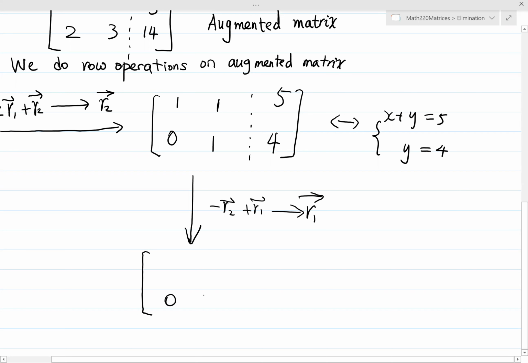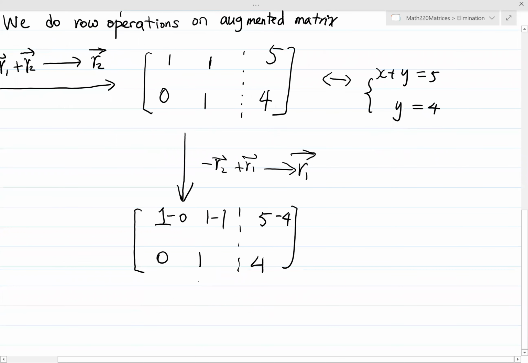So we get 0. The second row stays fixed, so this is 1. Next we get a 0, y minus 1, and then a 5 minus 4. If you write it more carefully, this will be 1 minus 1, 5 minus 4, which is equal to 1.